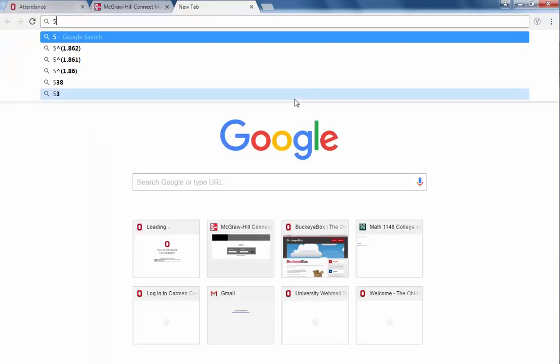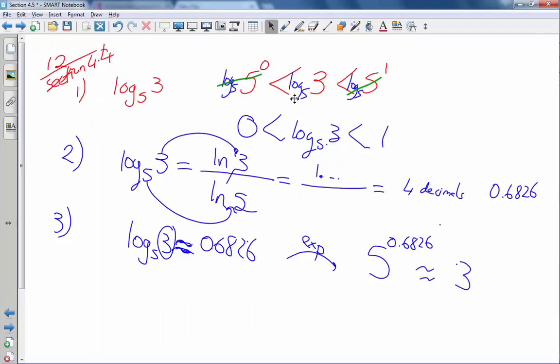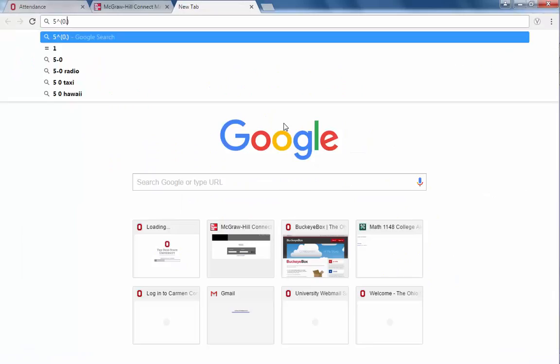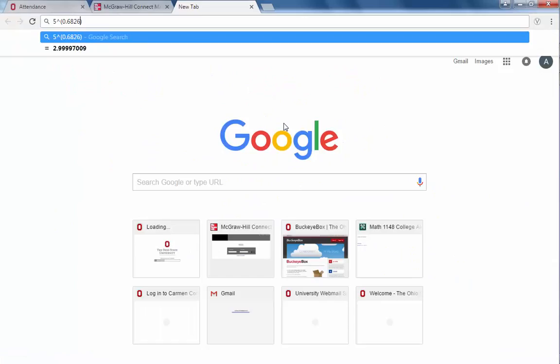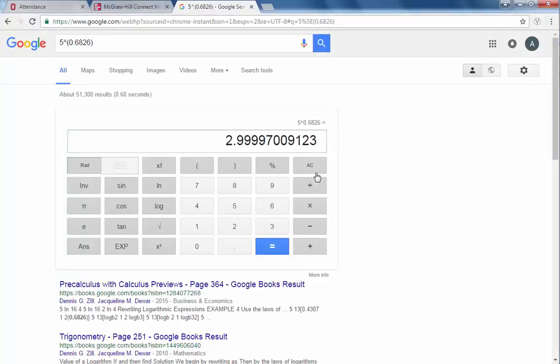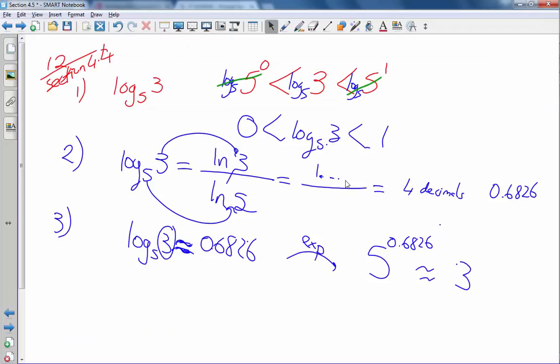So let's compute that. 5 to the 0.6826. Is it really 3? There you go. It's almost 3. So you computed this logarithm almost correctly, except there is a little error because of the approximation. Okay?